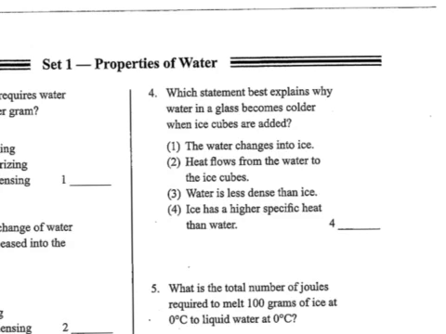Question number 4. Which statement best explains why water in a glass becomes colder when ice cubes are added? So the important thing to remember with this statement is something that wasn't in the reading before, and that is the idea of sources and sinks.